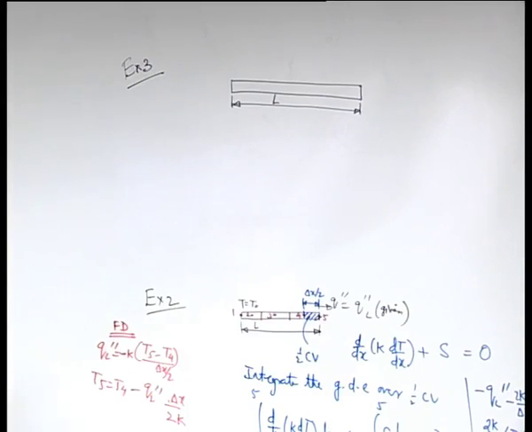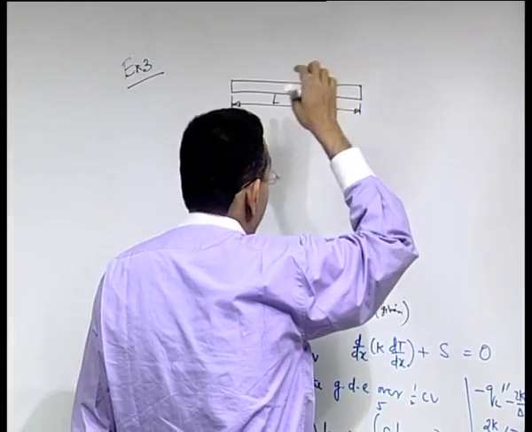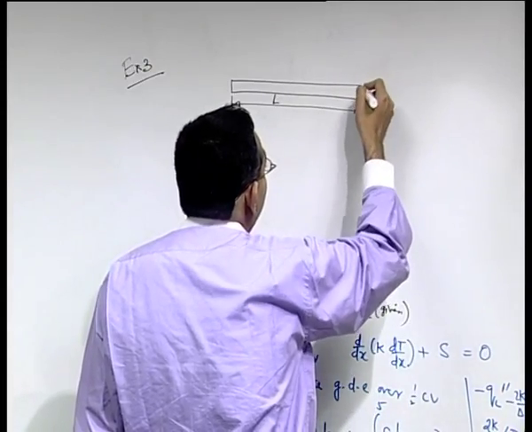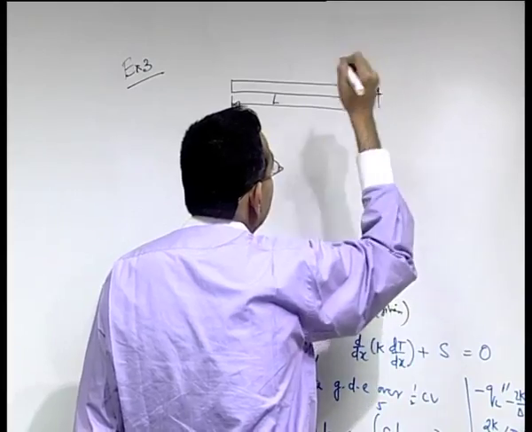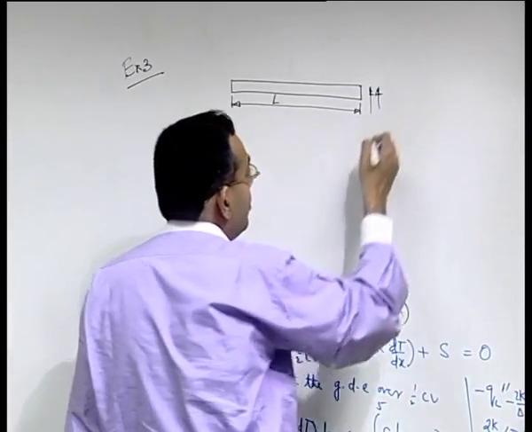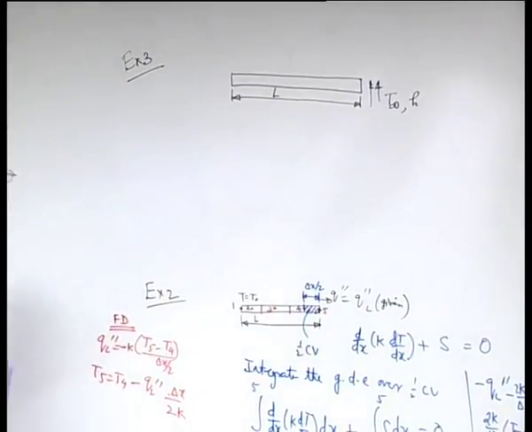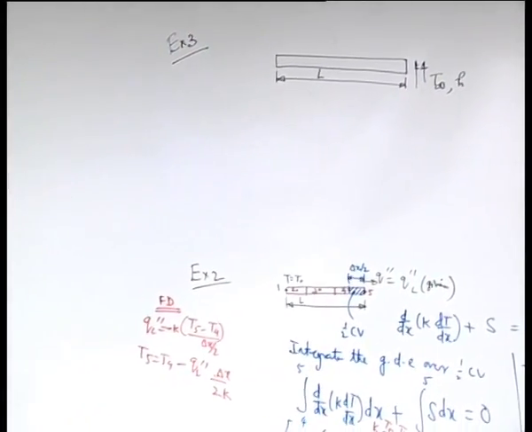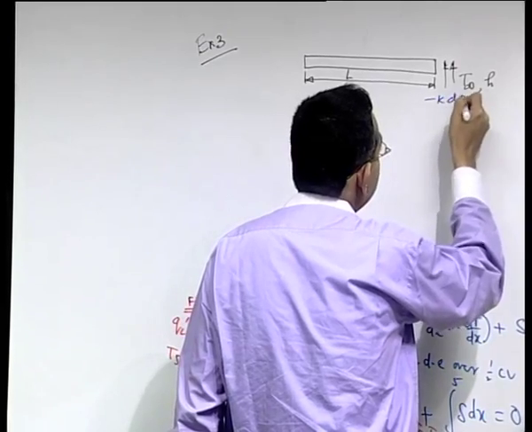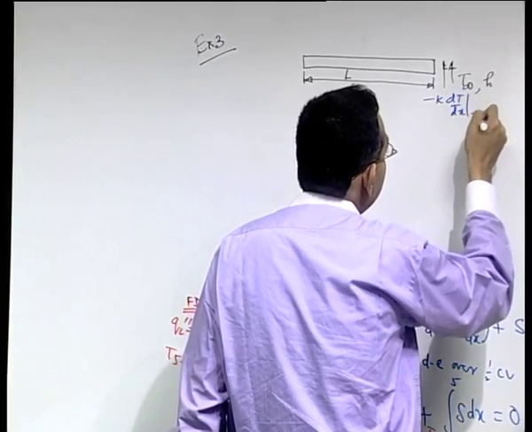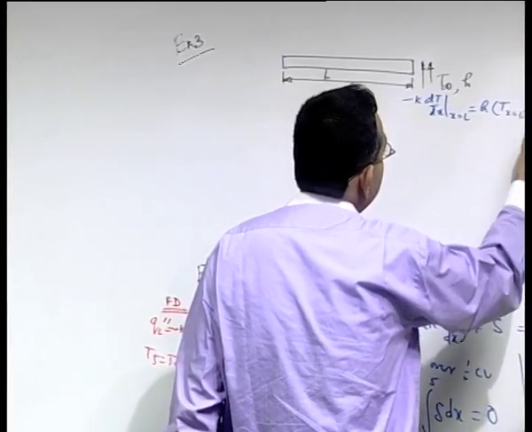Let us say that we have a boundary condition at this end where there is a heat exchange with the ambient temperature T infinity and heat transfer coefficient H. So that one can write minus k dT dx at x equal to L is equal to H into T at x equal to L minus T infinity.